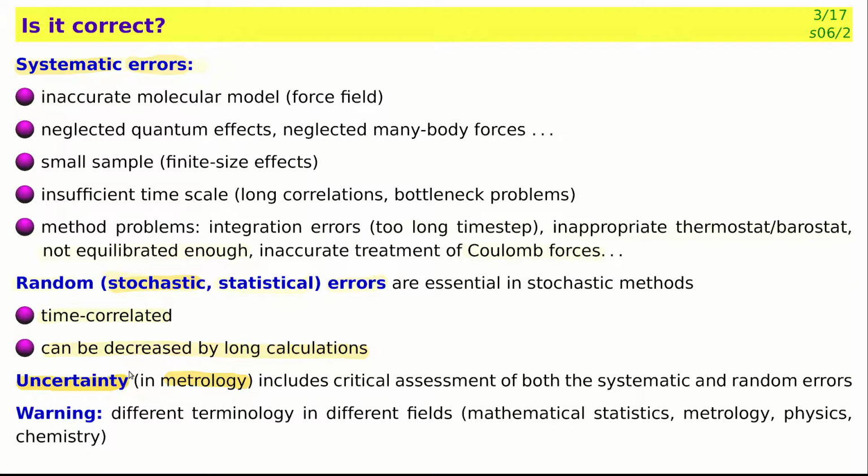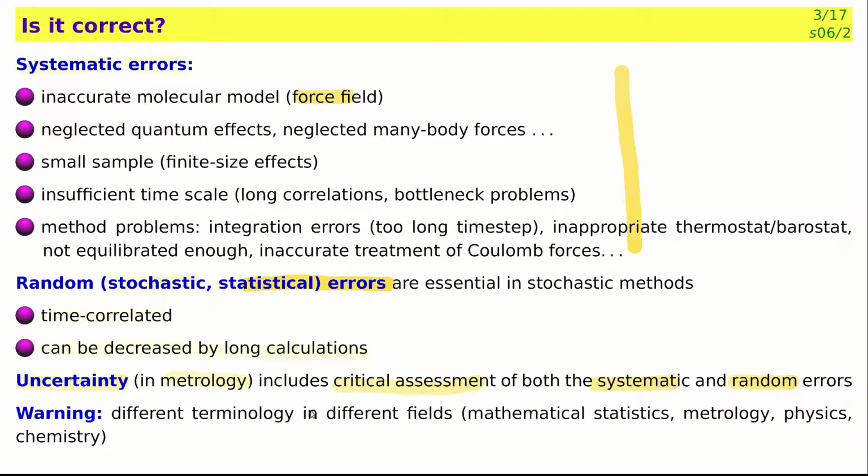And according to the definition, uncertainty should include a critical assessment of both the systematic errors and random errors. But this is easy to say, but difficult to accomplish. Usually, what we do in pseudo experiments, we define our force field and methods. But usually it's very difficult to have an estimate of the systematic errors given by a wrong model. That is, what we provide is usually only the statistical part of the error.